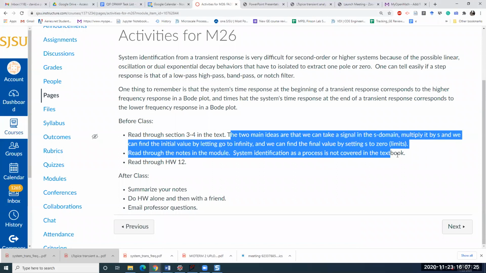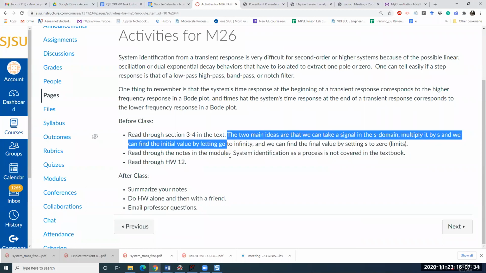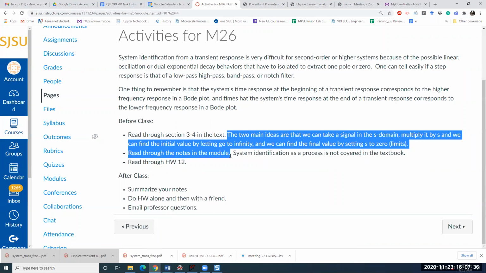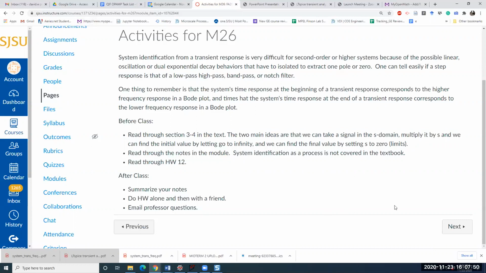And this idea, system ID, as a homework, isn't in the book, but these 2 things here, setting S to infinity, 0, after multiplying the step response by S, you can figure out the beginning and ending of any linear system. Any questions?